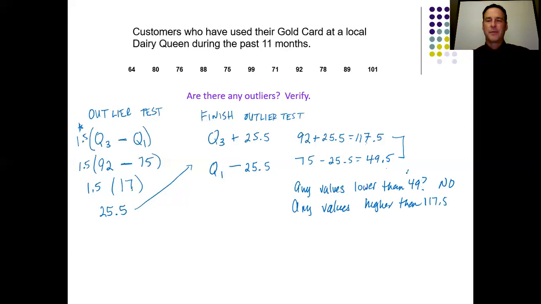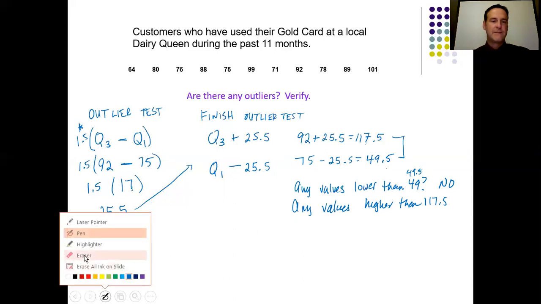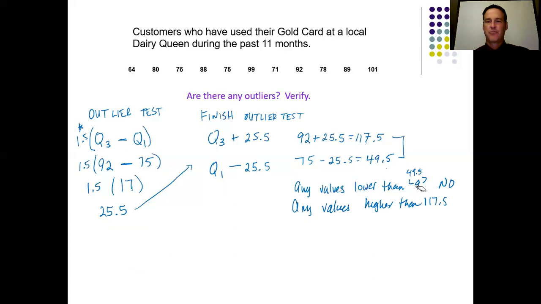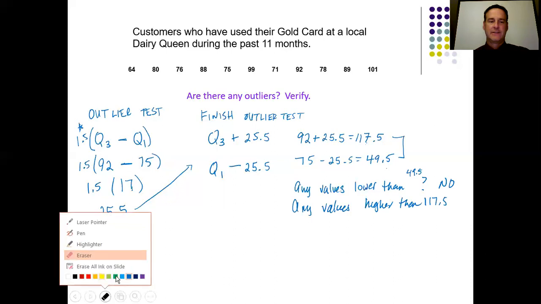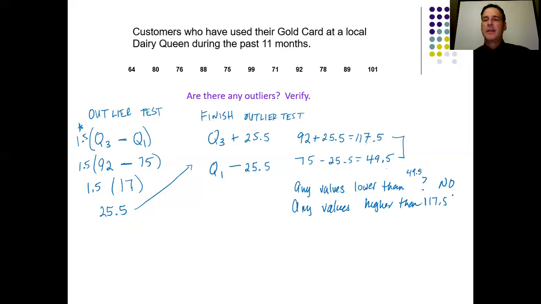Sorry, I said 49, I meant 49.5. With respect to the higher answer, 117.5, are any of these data values higher than that? No, my highest is lower. So there's a no there. There are no numbers that extend beyond these two boundaries in either the upper or the lower direction, and because of that, there are no outliers.